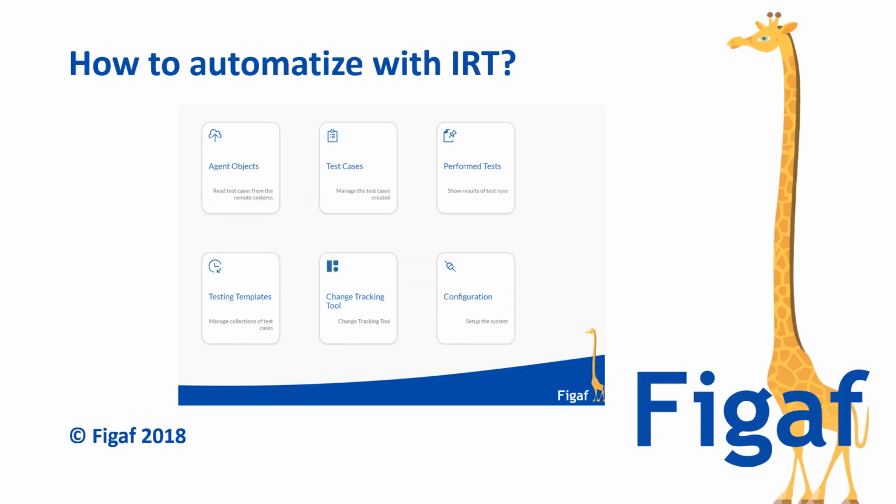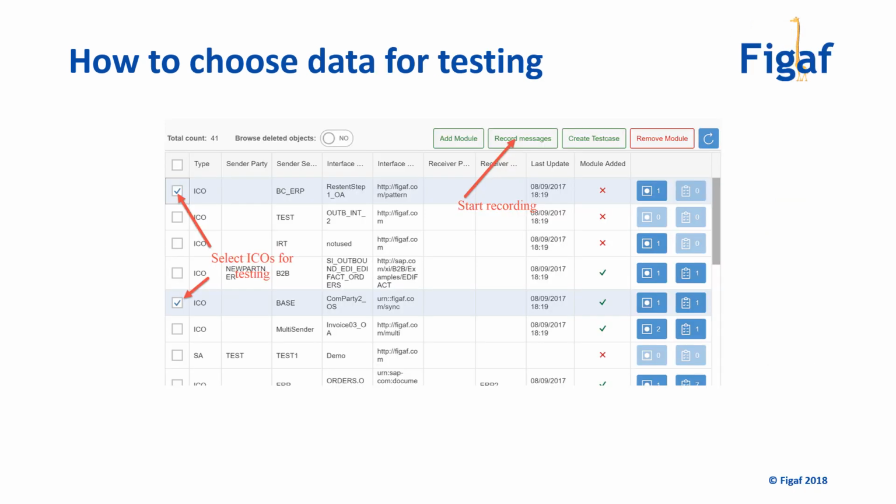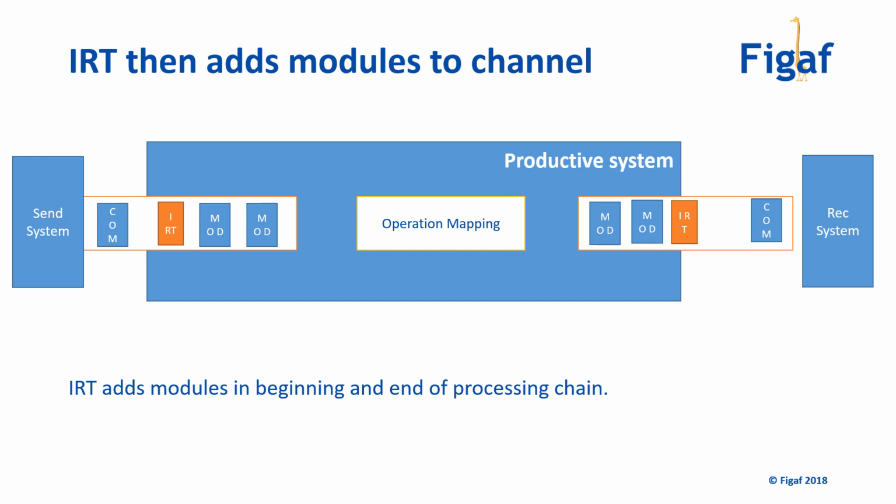So how does IRT work? You simply select from a list of objects in your repository which one you want to do recordings on. Then IRT would log onto your productive system. It could be any system, so when you're evaluating this, you probably want to connect it to a development system.